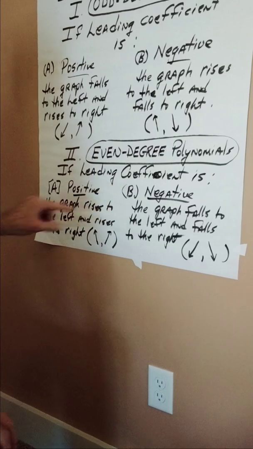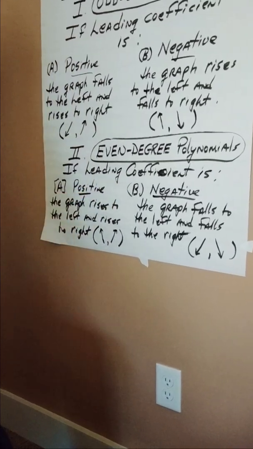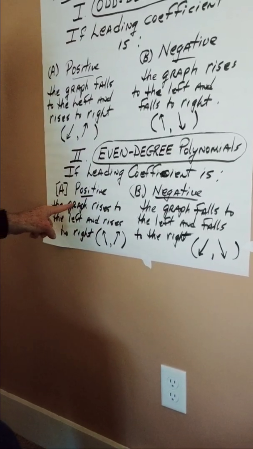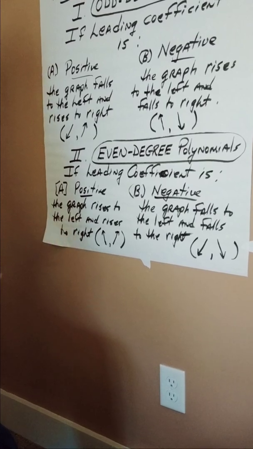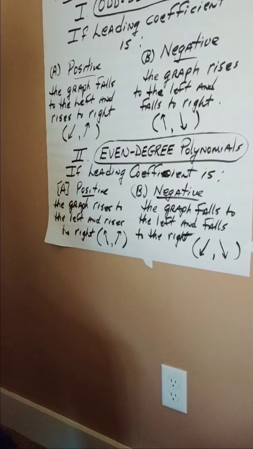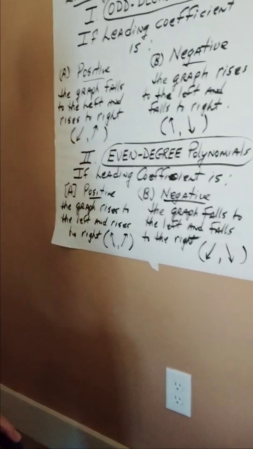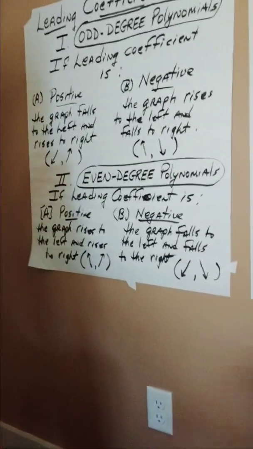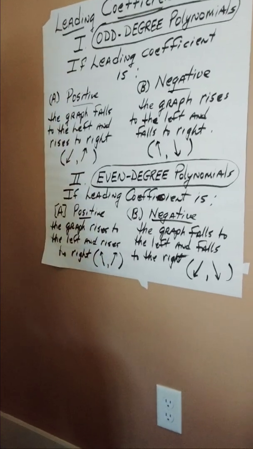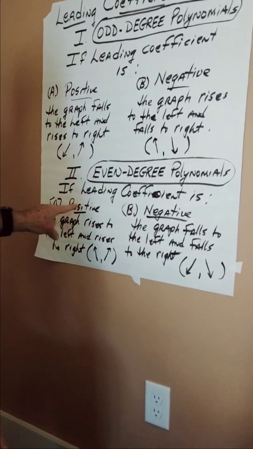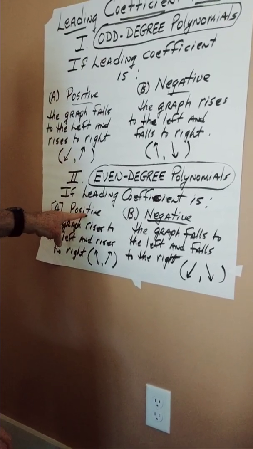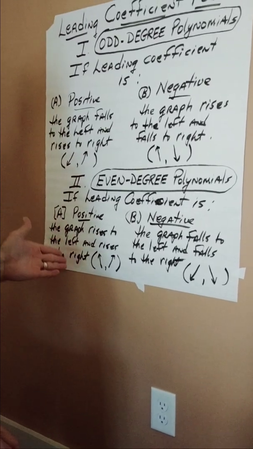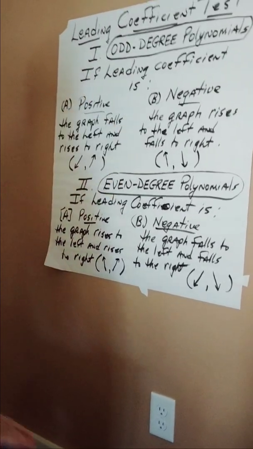If the leading coefficient is positive, the graph will rise to the left and it will rise to the right. The behaviors will always be the same if you have an even degree polynomial.